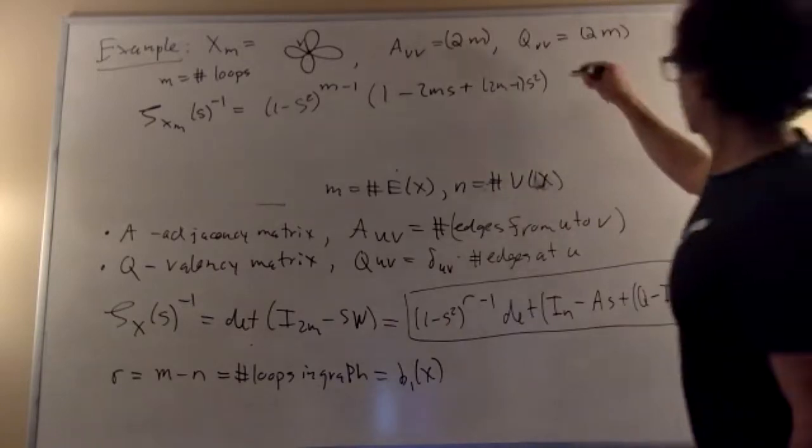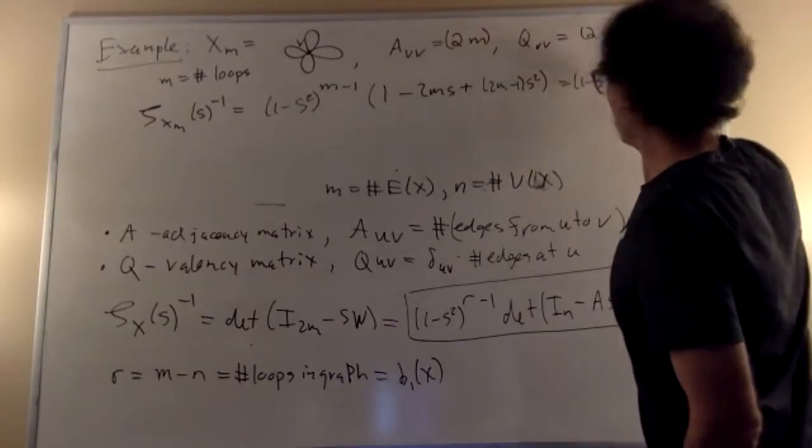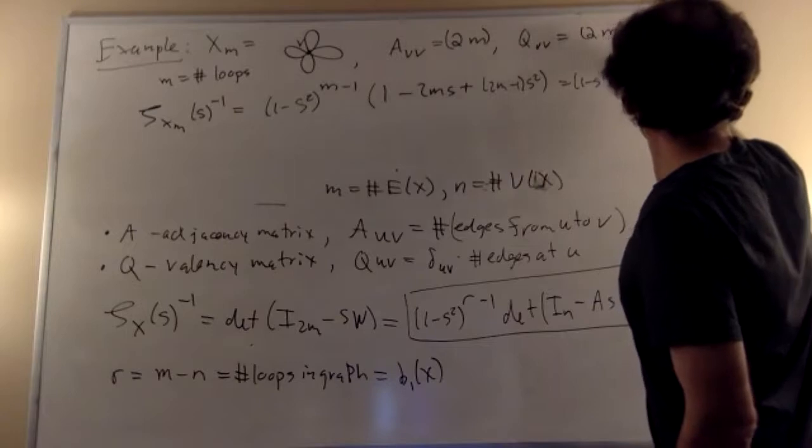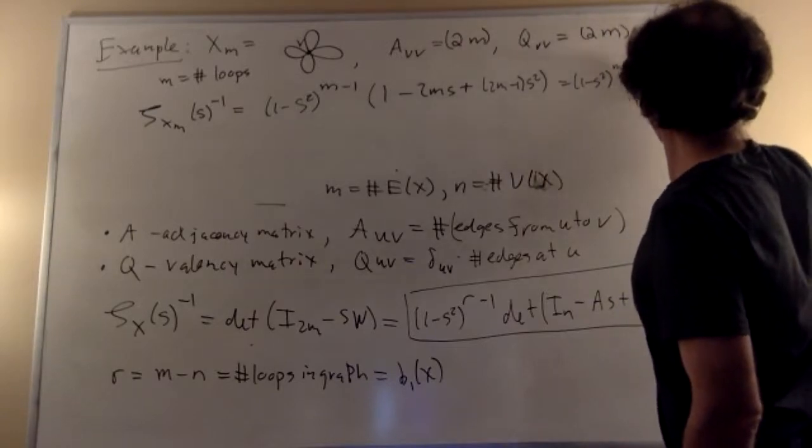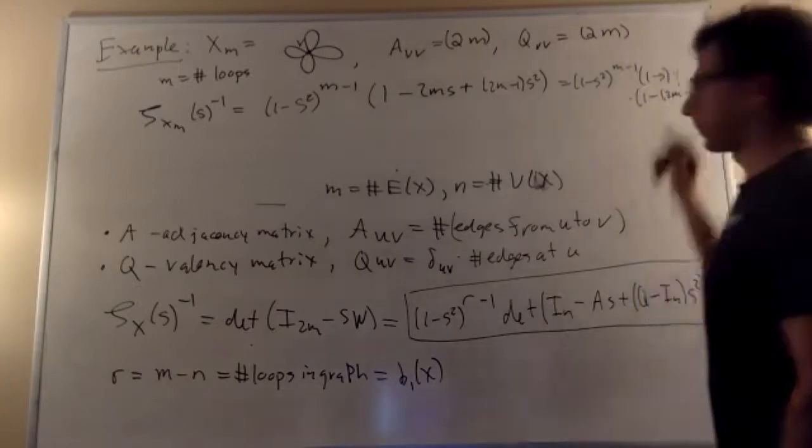If you factor this a little bit, you get (1 minus s squared) to the m minus 1, times (1 minus s), times (1 minus (2m minus 1) s).